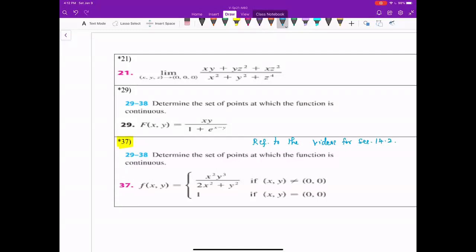In this section, mainly what we mean by limit, when do you say the limit exists, when do you say the limit does not exist, and the definition of continuity. Then check the problems that I have done based on these concepts in the videos for section 14.2. Hope these videos help.